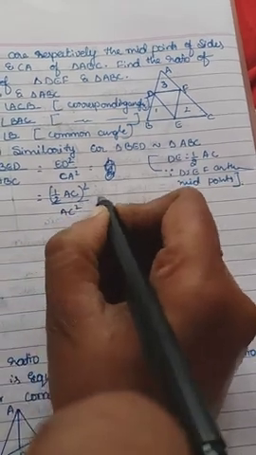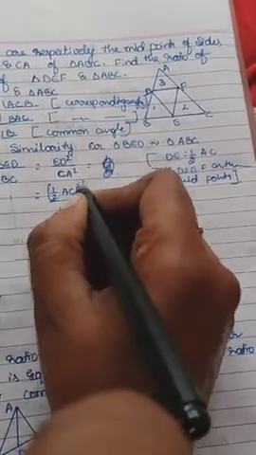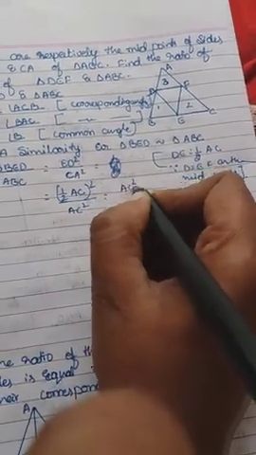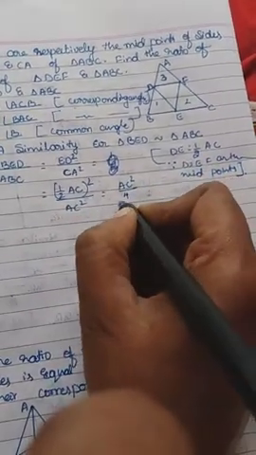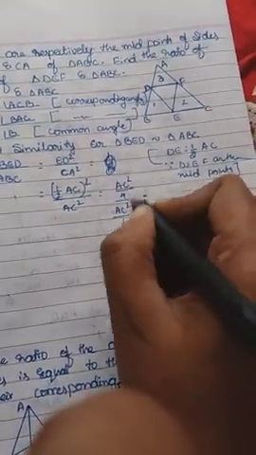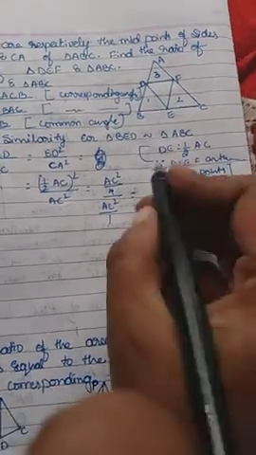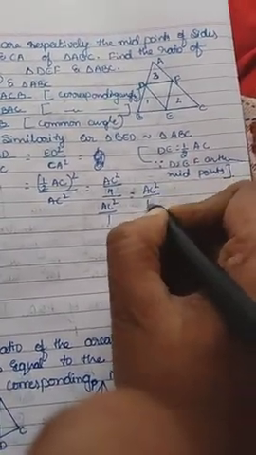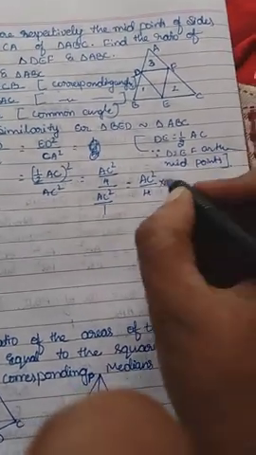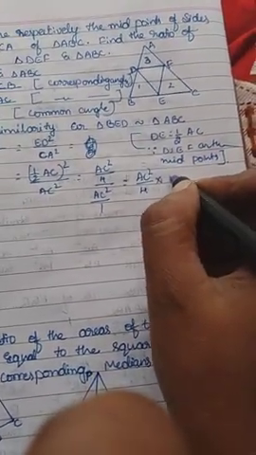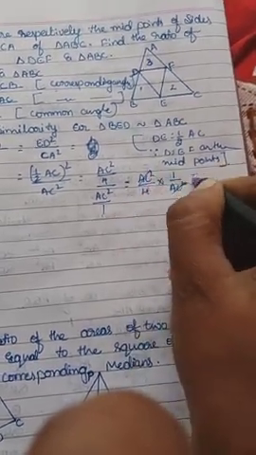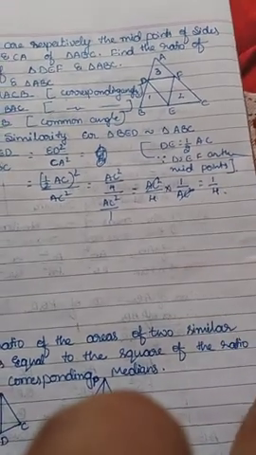AC divided by 2, the whole square, is AC square divided by 4, divided by AC square. If we do the reverse multiplication, the numerator and denominator interchange, and 1 divided by AC square gets cancelled, so that will be 1 by 4.